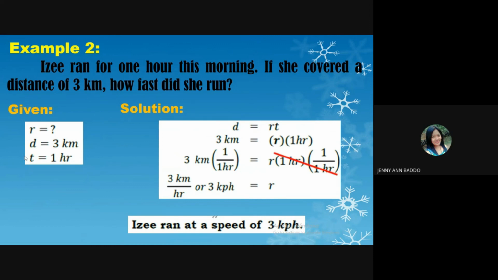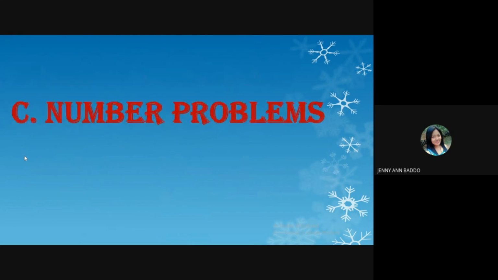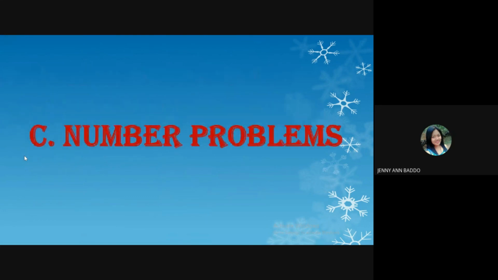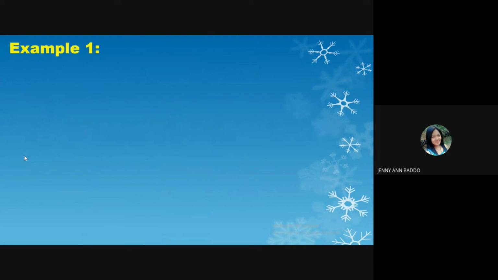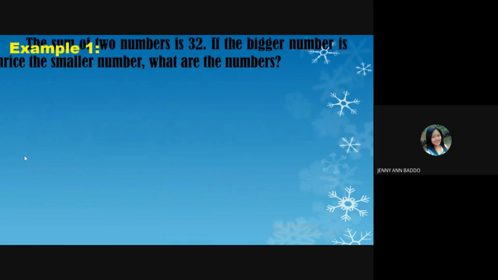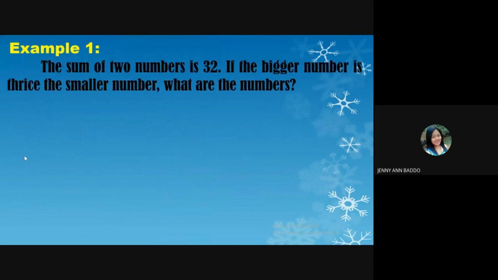Now, aside from age and distance problems, it can also be applied to number problems. In this example, the sum of two numbers is 32. If the bigger number is thrice the smaller number, what are the numbers?